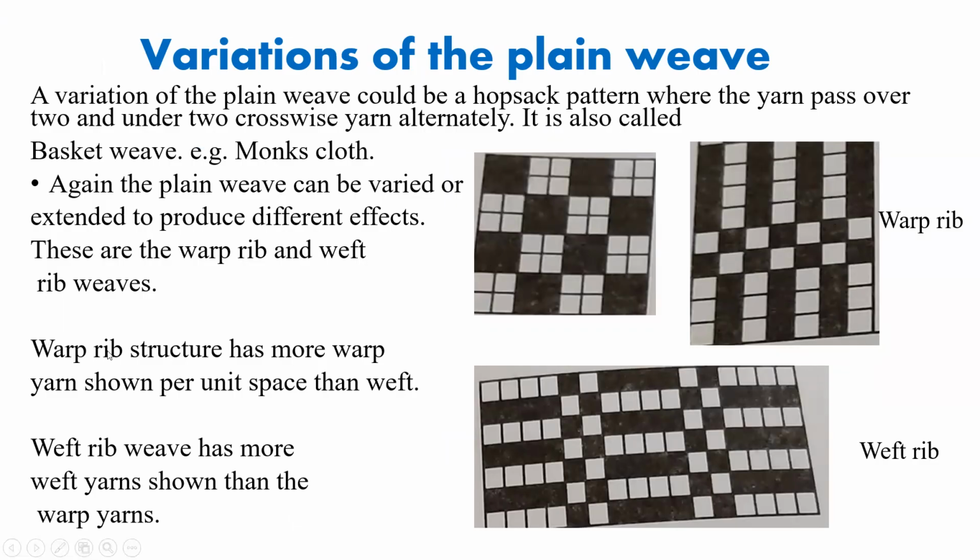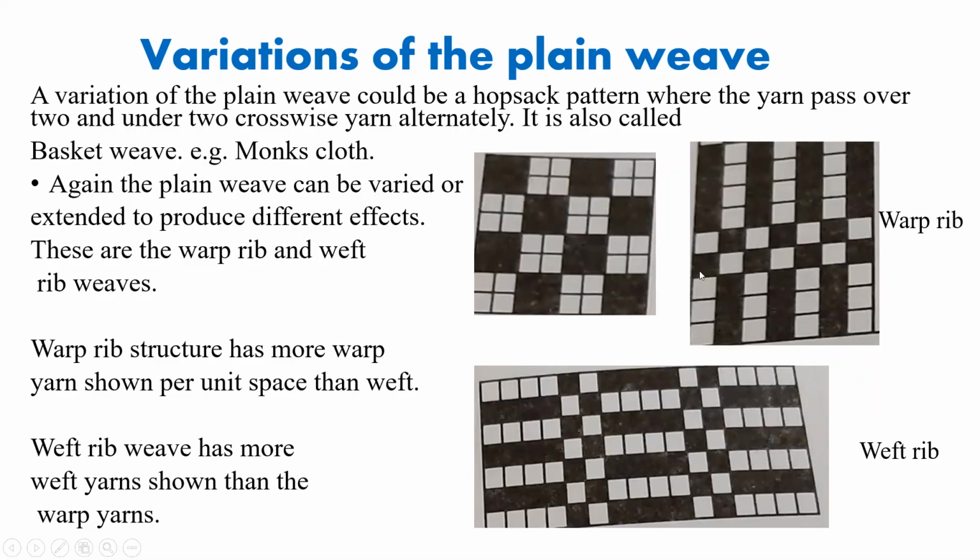The warp rib structure has more warp yarn shown per unit space than weft. So we have another variation, the warp rib weave, then the weft rib weave. Here we doubled the yarns, so 2/2. Initially it was 1/1. When you decide to make it 2/2 or 3/3, it becomes another weave, but it's still a plain weave variation.